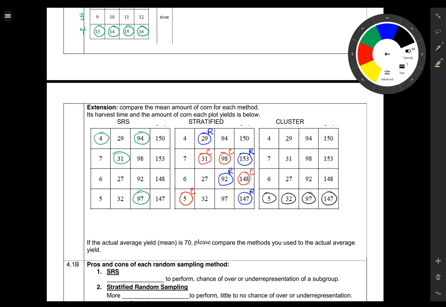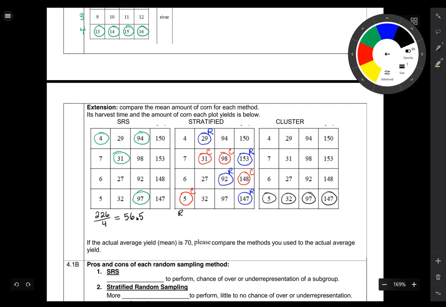And so if the actual average yield, so the mean, is 70, please compare the methods you used to the actual average yield. So what I did was I added these 4 yields together, divided by 4, and the simple random sample's mean was 56.5. Did the same thing for the rows and columns.